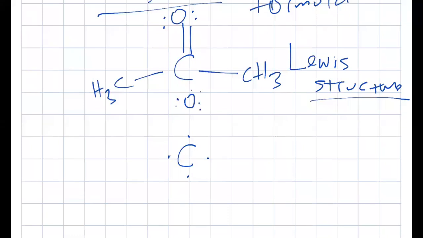Yes. And then for the CH3s, I'm just going to draw them with 1 electron because they already have 3 of the bonds filled in. So what would you do?